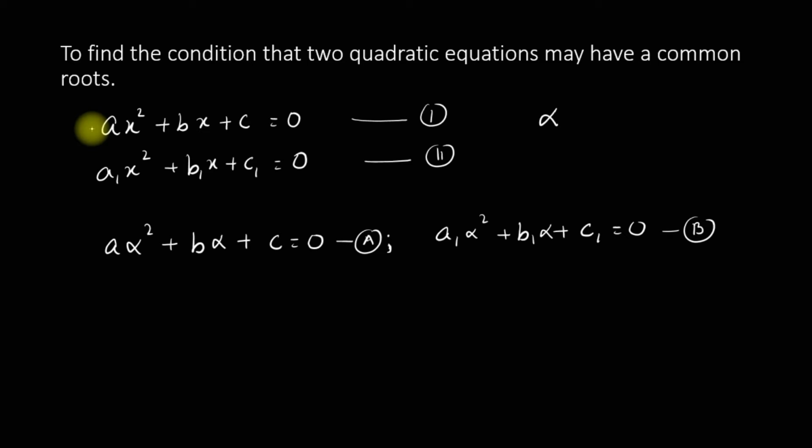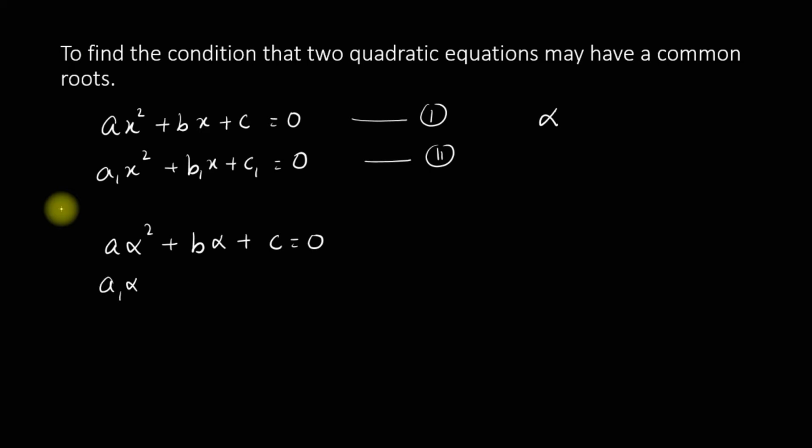So by using cross multiplication, we can write here, as the root alpha also lies on the second equation, a1 alpha square plus b1 alpha plus c1 equal to 0. Suppose this equation is third and this equation is fourth.